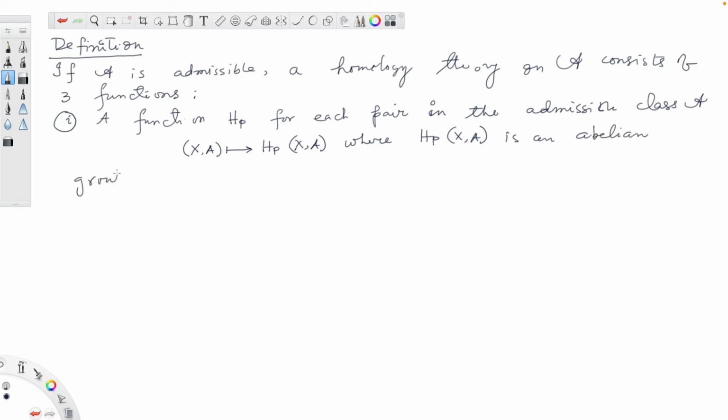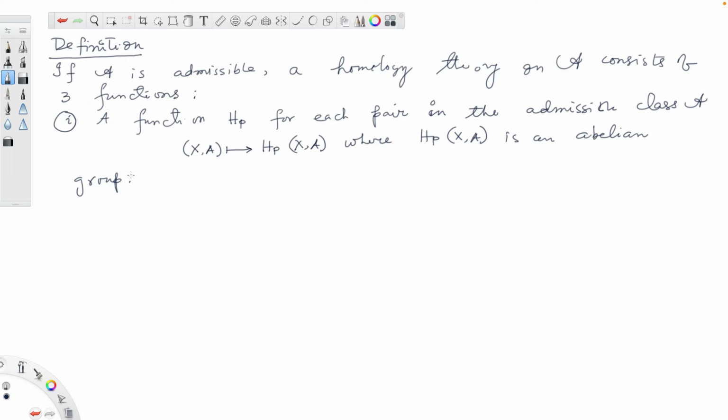So if you are comfortable with the notions of category theory, then you think of it as a functor between the category that we are working on, the category of admissible pairs of topological spaces, where there are certain morphisms that I haven't defined yet. So I did not talk about the morphisms between the pairs of topological spaces in the category of admissible pairs.